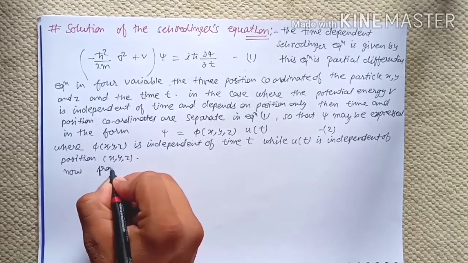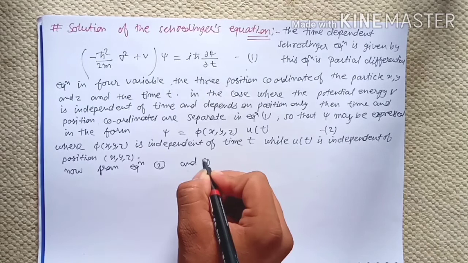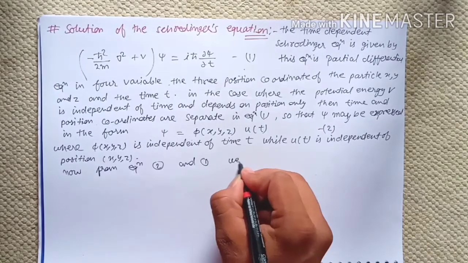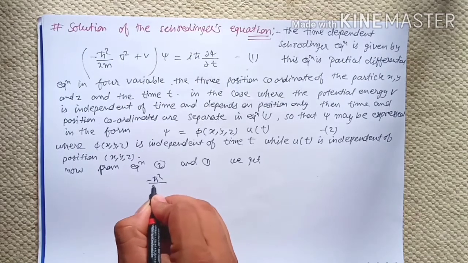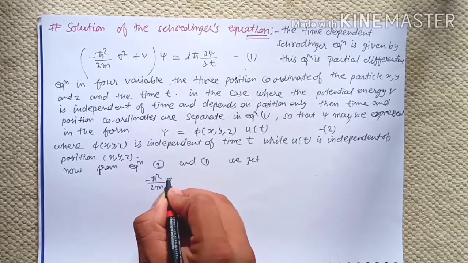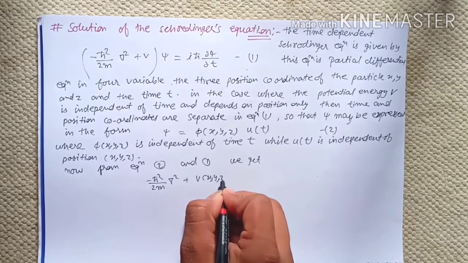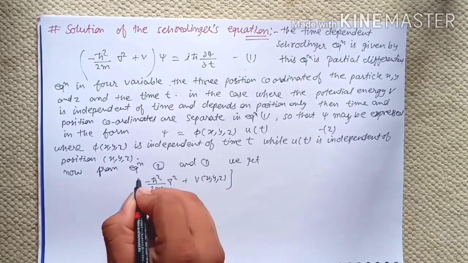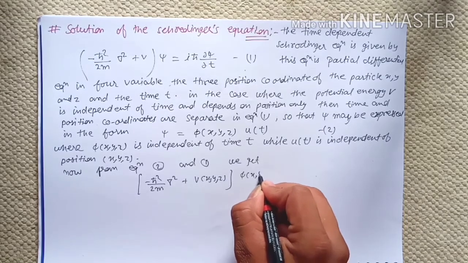Now from equation 2 and 1 we get minus h cut square by 2m del square plus V x y z, bracket, phi x y z.